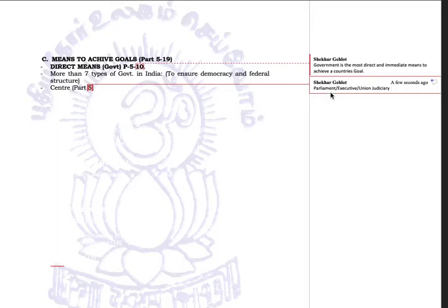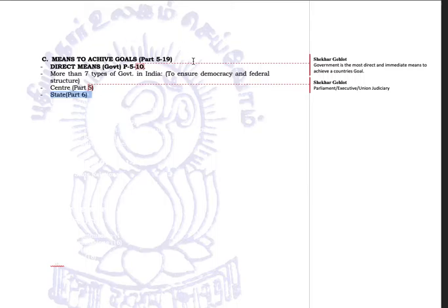Usually parliament or the legislative members, members of parliament, are used as a synonym for the government. No, the actual meaning of the word government is parliament, executive and judiciary all together. So the first type of government which we have in India is the central government, which includes parliament, executive and union judiciary. Part 5 of the Constitution of India deals with the central government.